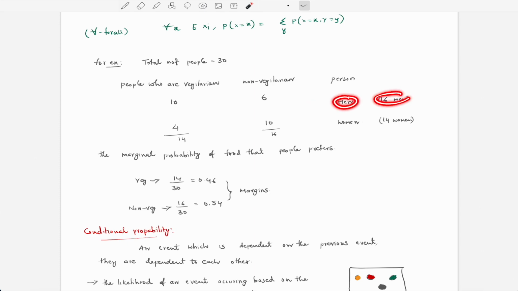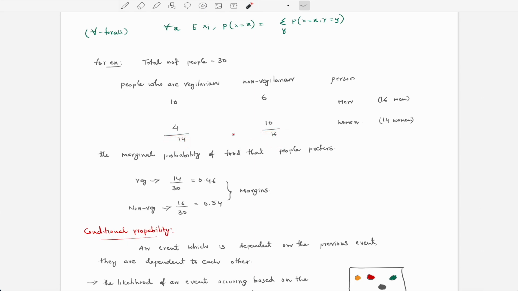There are 16 men, and 10 men bought vegetarian, and 6 men bought non-vegetarian. Four women bought vegetarian, and 10 women bought non-vegetarian. In total, 14 are vegetarian and 16 are non-vegetarian.